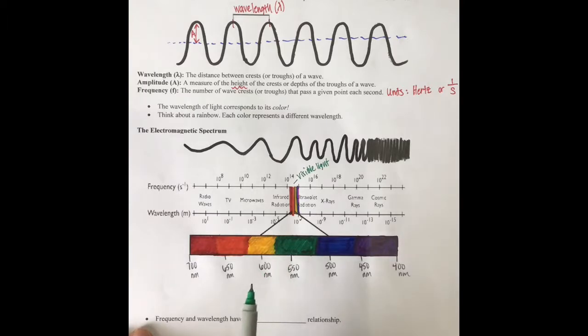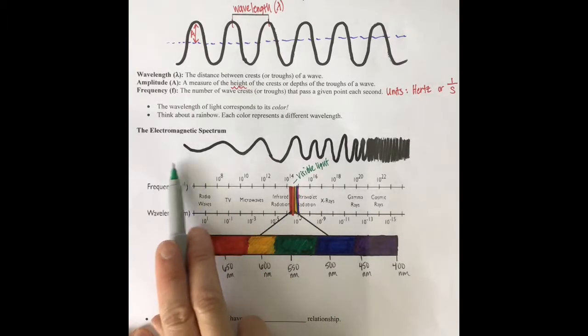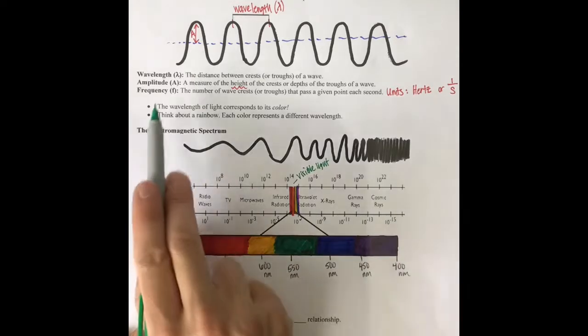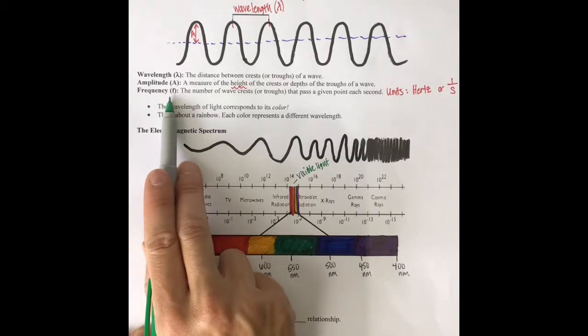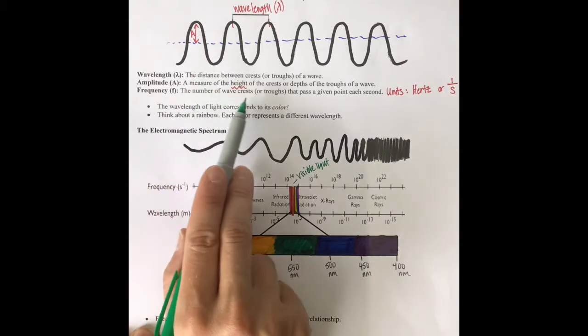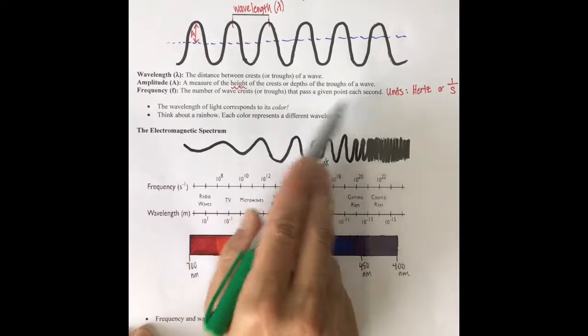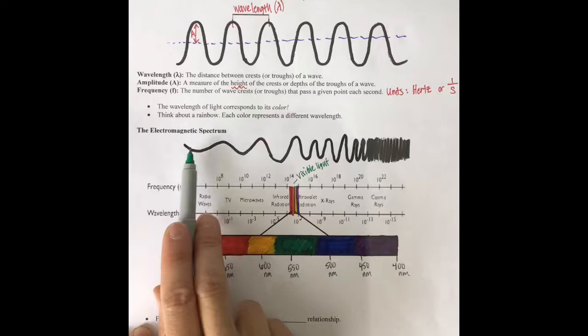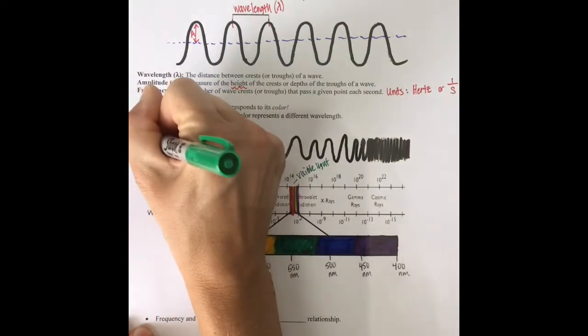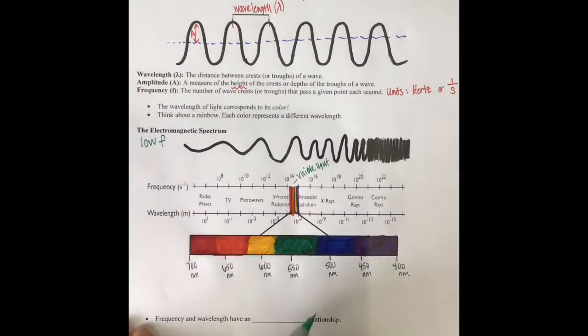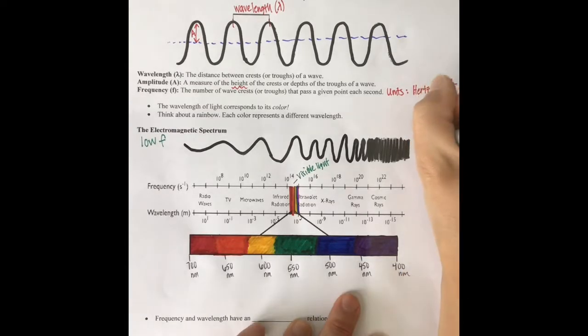So what can we say about the frequency over here on the left? Is it high or is it low? Go back to your definition of frequency, the number of waves that pass in a given second. Well, over here at this part of the spectrum, we have a low frequency. Radio waves going up and down. And as we move to the right, we have a high frequency.